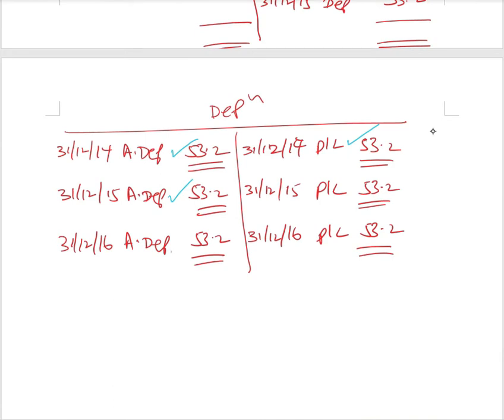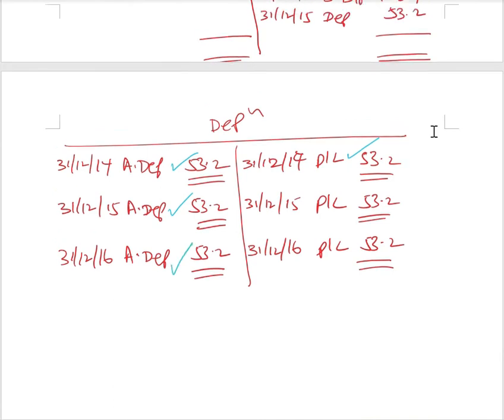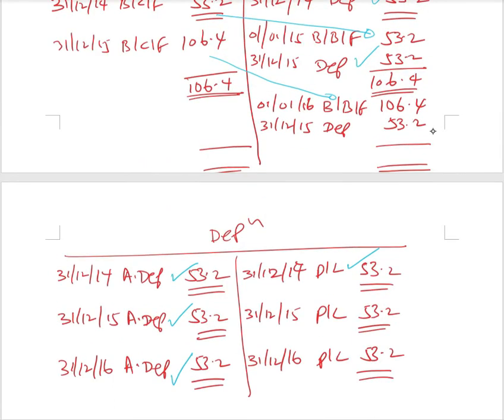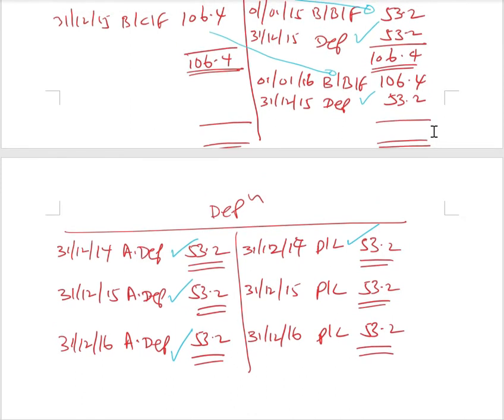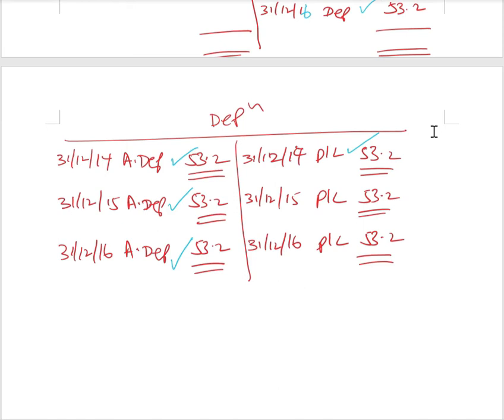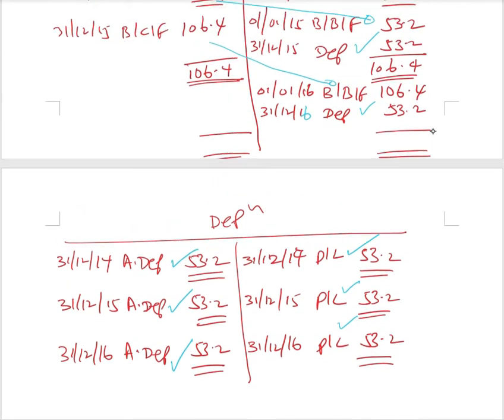Then on 2016, 53,200 debited depreciation account and credited accumulated depreciation account. So these amounts will be transferred to the respective profit and loss account of that particular year.